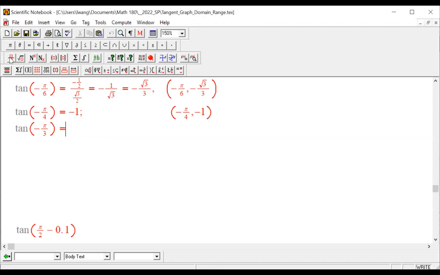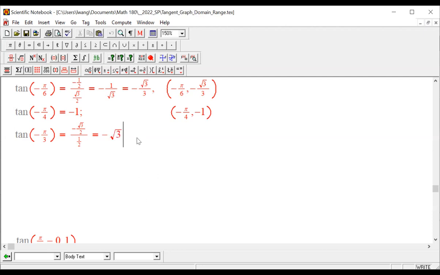So we are getting negative root 3 over 2 in the numerator, the blue number, and the denominator, the red number, is 1/2. And that equals negative root 3.